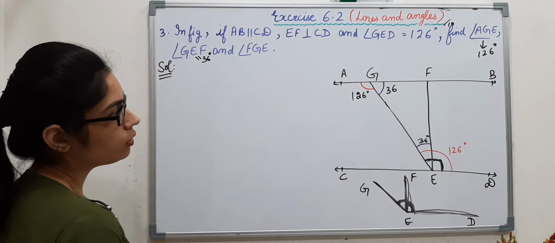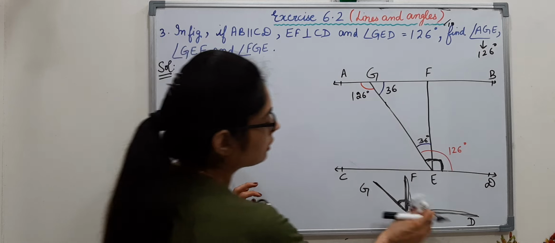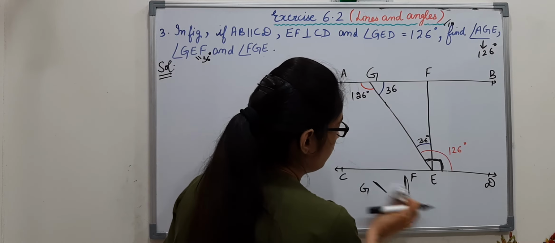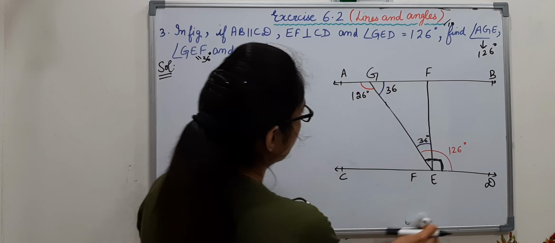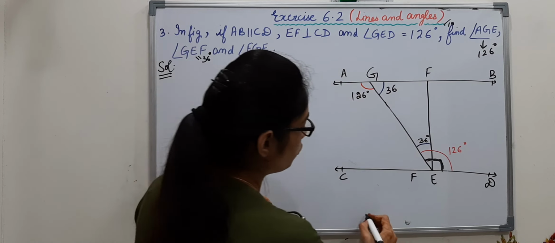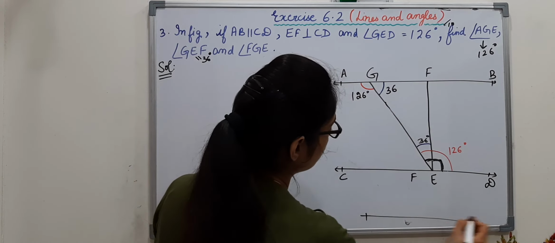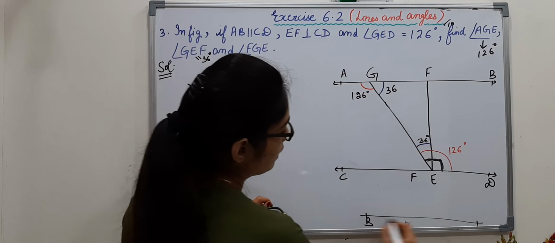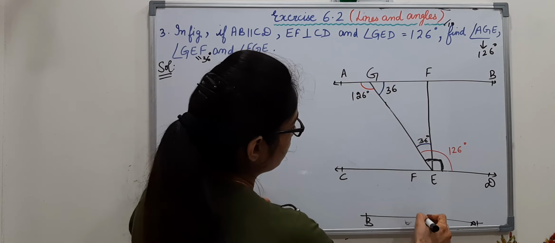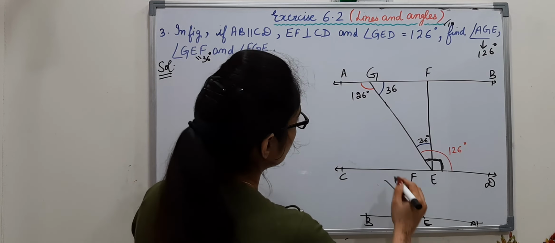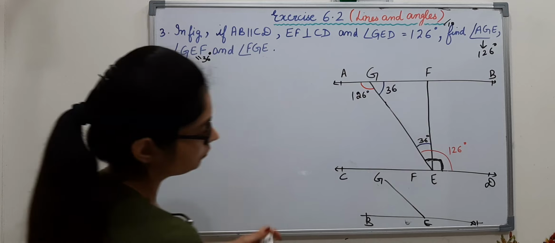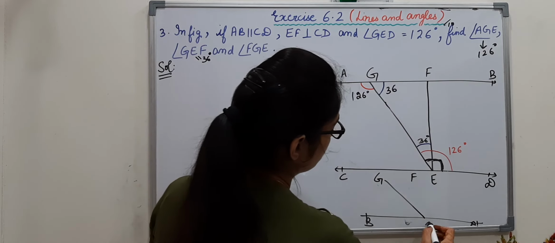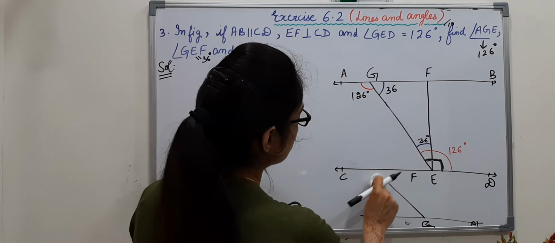This concept also we have used in the previous exercise. We just have to rotate it. So if you rotate, this is line AB, so BA will be here, and this is EG, this G, and here it is E.